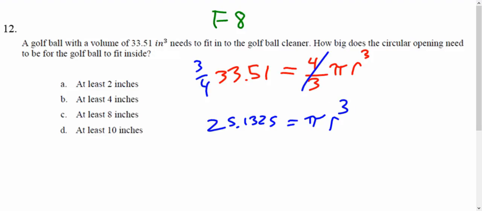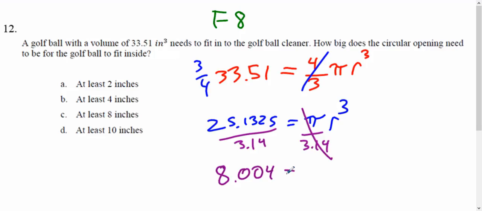So now we're going to get rid of that pi by dividing. We'll just use 3.14 when we divide. So r cubed equals 8.004.